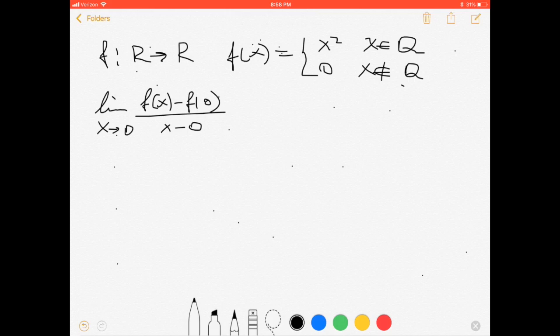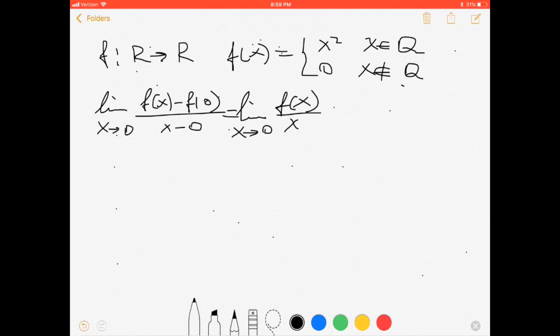First, we can see the value of our function at 0 is 0, because 0 squared is 0. This means here I have the limit of f(x) divided by x as x approaches 0. How can I compute this limit?